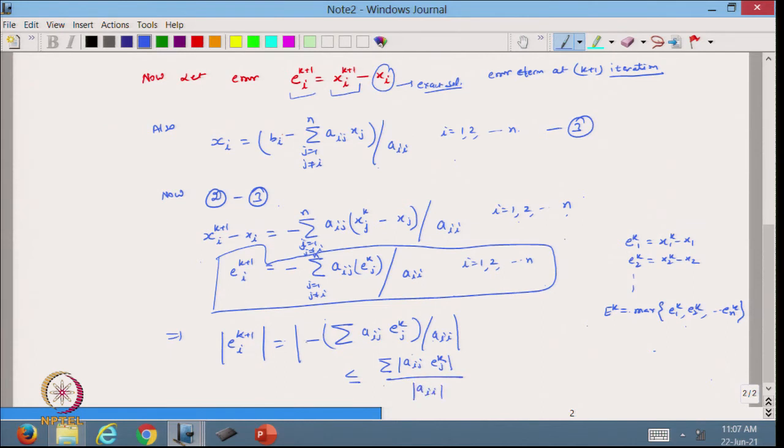So, I have taken this modulus value inside the summation and I got this less than or equal to relation. And this is true for all i's.